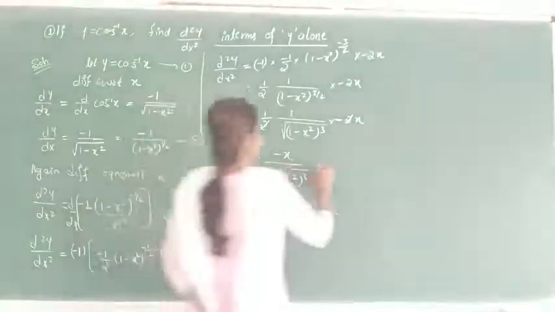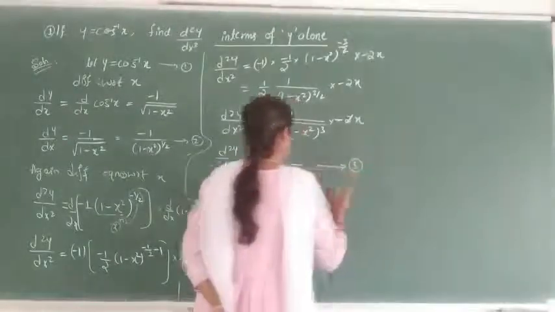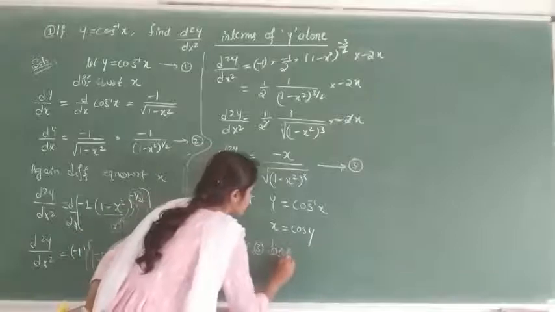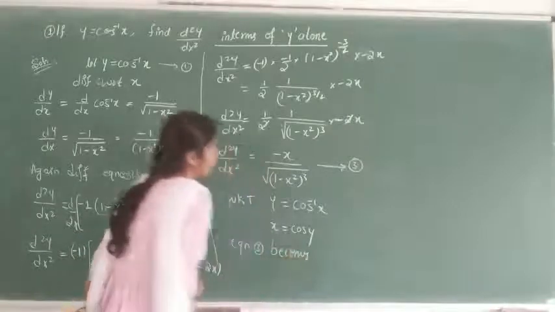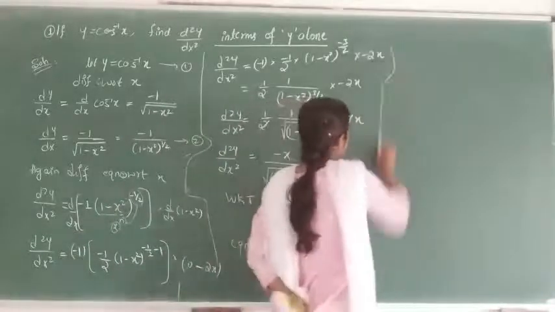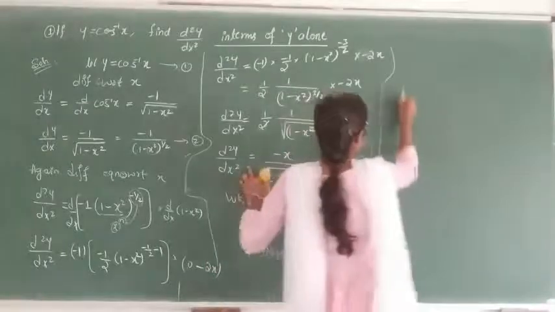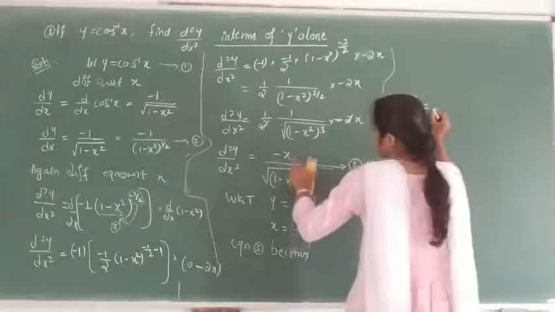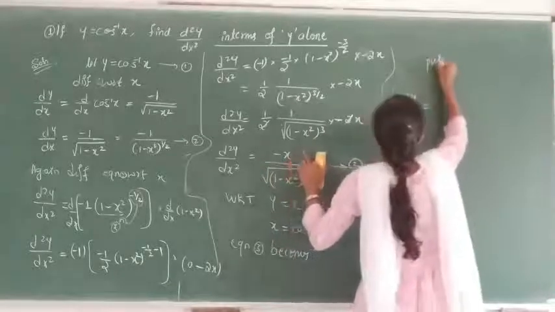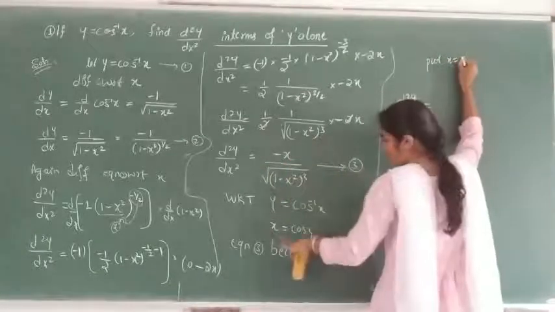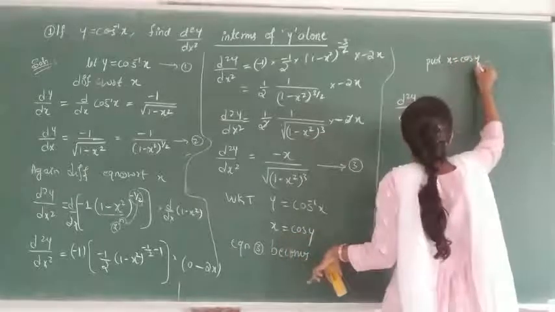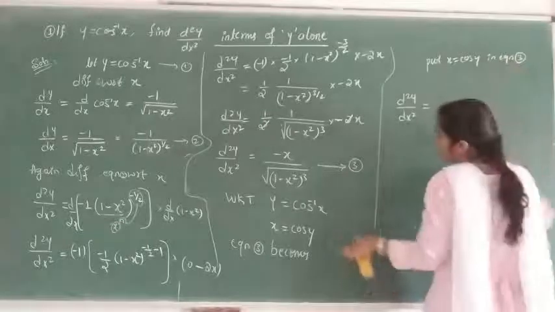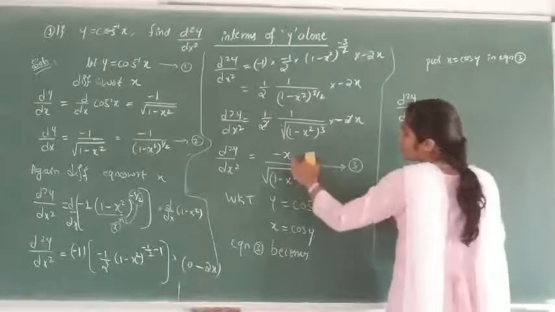Then equation 3 becomes d square y by dx square; put x equal to cos y in equation 3.